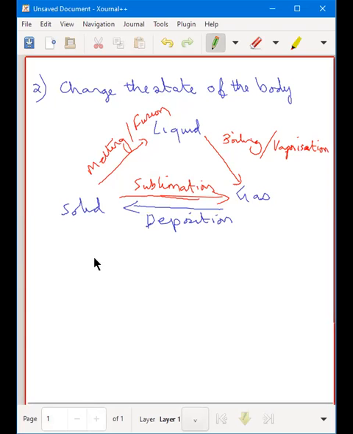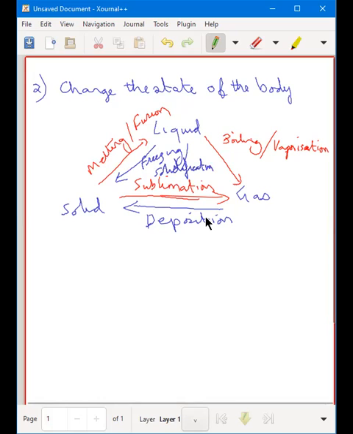Deposition. From liquid to solid, who wants to answer this? Siddhant Garve? Yes, sir. Liquid to solid, change of state from liquid to solid. Freezing, or solidification.